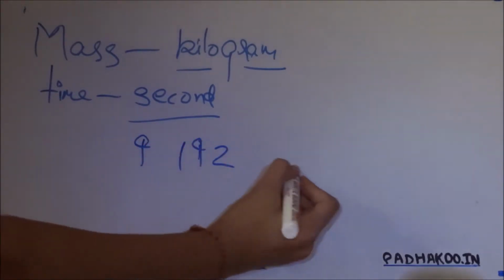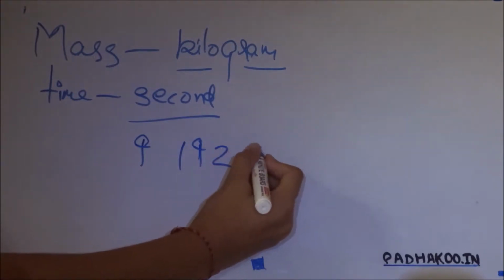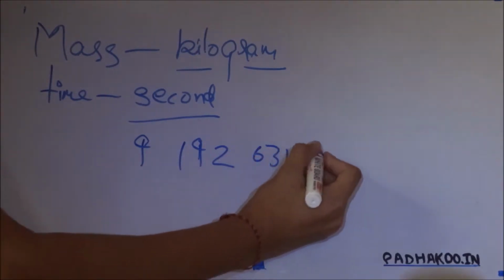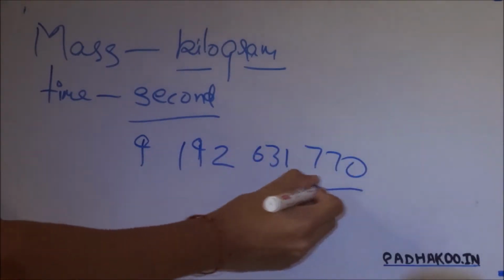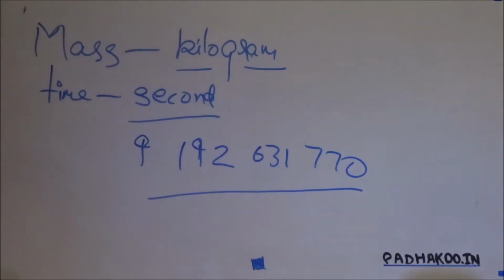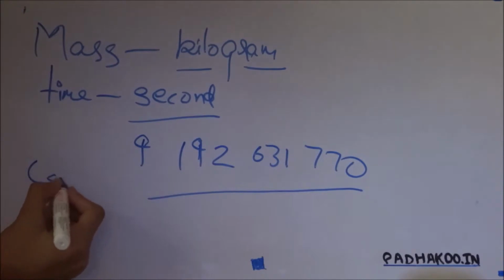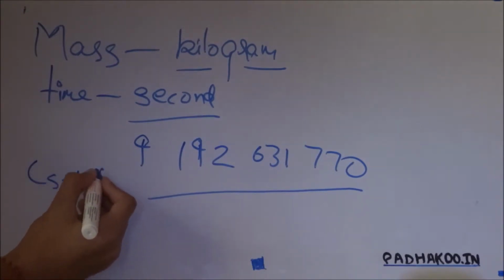9,192,631,770 periods of radiation. Now here's a new thing. 1 second is the duration of these many periods of radiation of the hyperfine levels of the ground state of cesium-133.